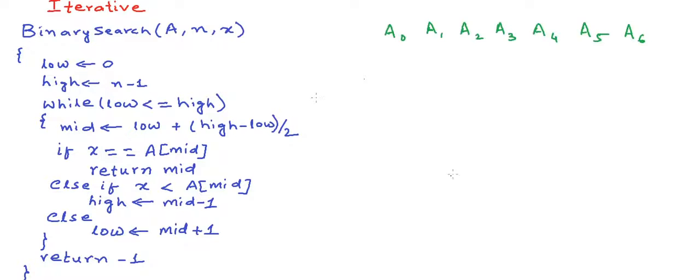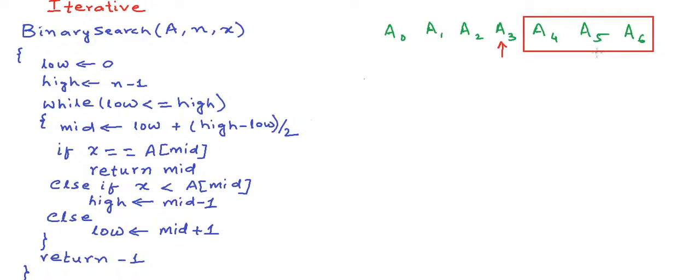What we are essentially doing here is that if we have an array in which elements are in increasing order, we first compare x with the middle element, and if x is equal to the middle element, it's fine. If x is less than the middle element, it must exist before this element in this highlighted section, and if x is greater, it must exist after the middle element in this particular highlighted section.